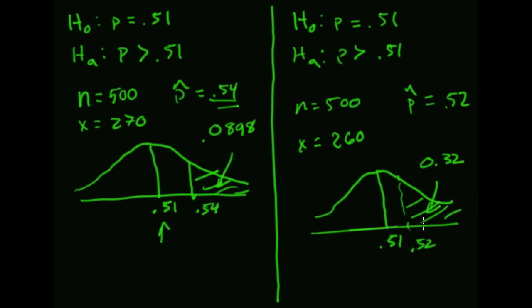That's got me a little nervous, because I could be right there at 51 or maybe slightly less, and I'm just getting a 32% chance of getting a sample as high as 52. So this is an example where I want P to be small, because I want my number to be statistically significant to say that I'm above 51.